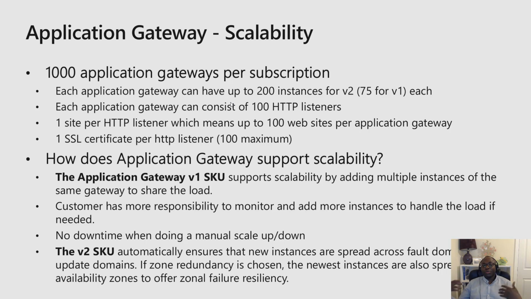So if I have an Azure subscription, I can have up to 1,000 application gateways in there. Each application gateway can have up to 200 instances for version 2 or 75 instances for version 1. Now, these numbers I didn't get from an official Microsoft document, just from testing and practicing. That's where I got these numbers from. So do not take that as the gospel.